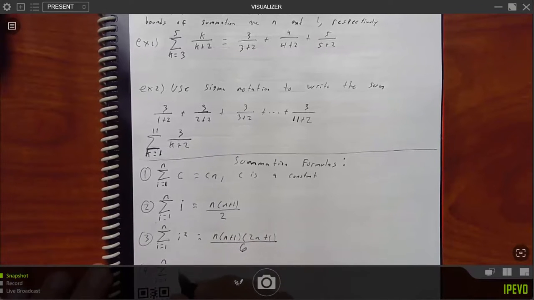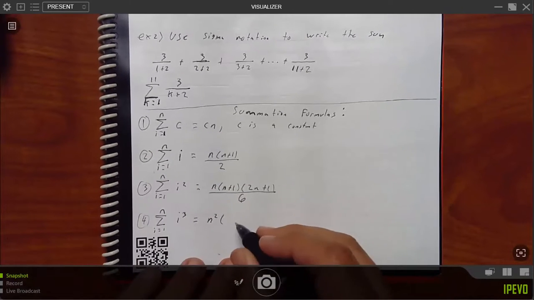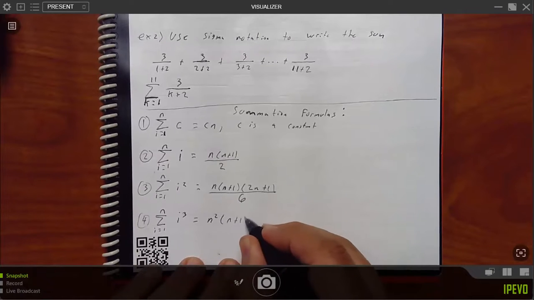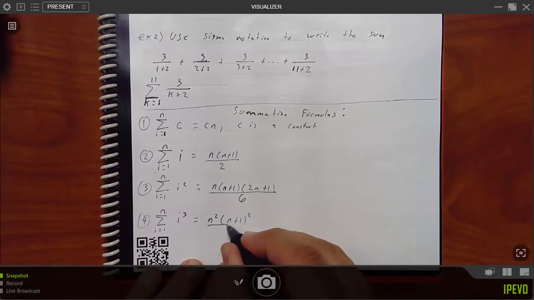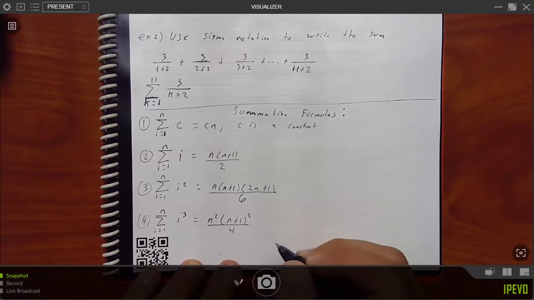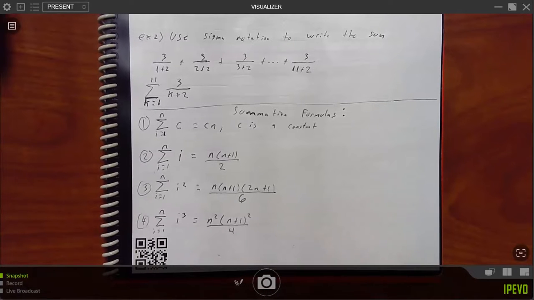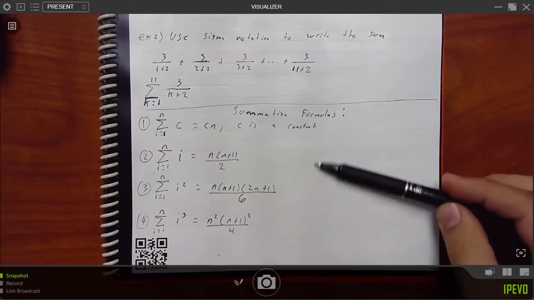If we're doing the cube, that will equal n squared times n plus 1 squared over 4. Now let's do some problems. These can be kind of like shortcuts for you.